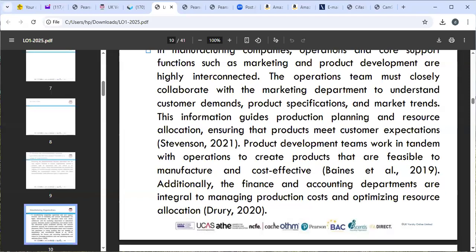And so you realize that there are various functions within an organization, as I've explained earlier, and those functions don't exist in isolation, but they exist to collaborate. And so when a product is being identified to be produced, finance will have to play a role in terms of money availability, how much money is available for the product to be bought.